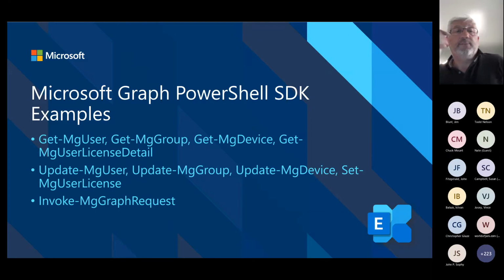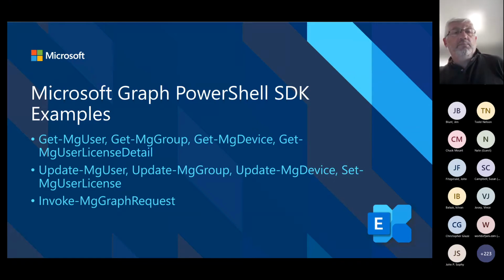Some examples. Get-MgUser, get a user, the equivalent of Get-AzureADUser. Get-MgGroup. Get-MgDevice, get one of the registered devices in your environment. Get-MgUserLicenseDetail: give me back all of the licenses that an Azure AD user account has.